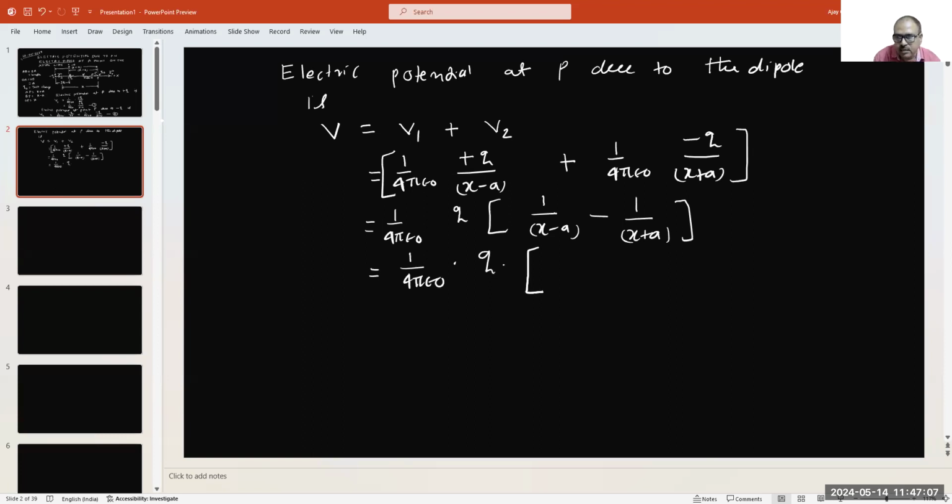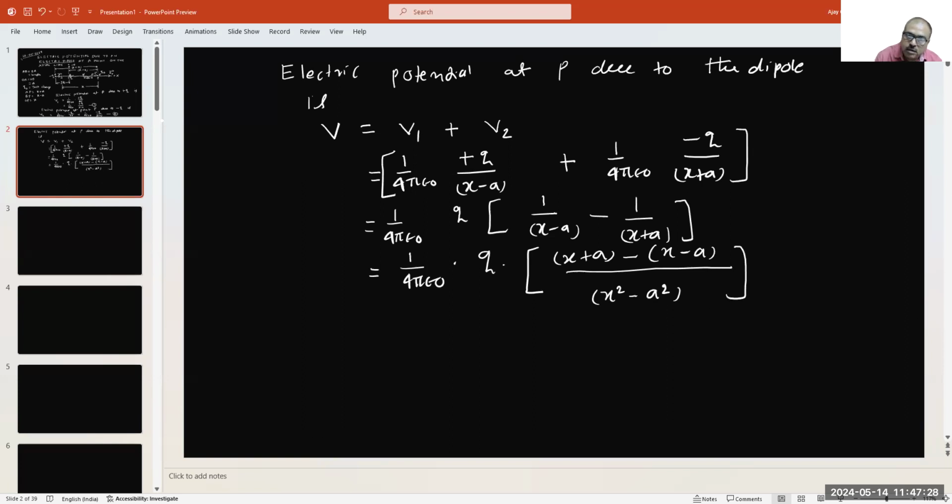Inside the bracket, on solving, we can write x square minus a square, and we will write x plus a minus x minus a.